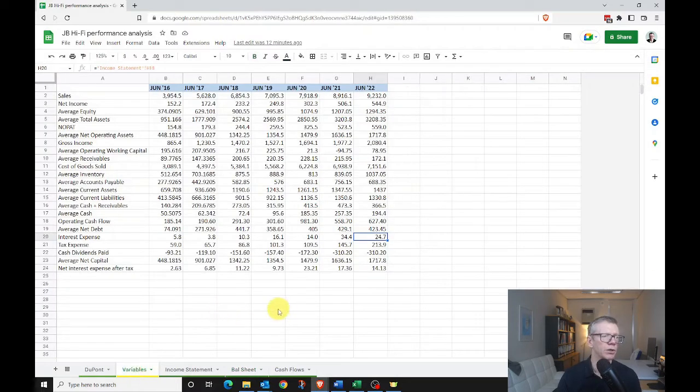I've collected all of those into a tab here that we've got variables. You can see that in some cases I've got average equity or average assets. The reason being is that I'm going to be calculating some ratios here, and in the balance sheet we're going to be using the average value. So the average is the start of year value plus the end of year value divided by 2.